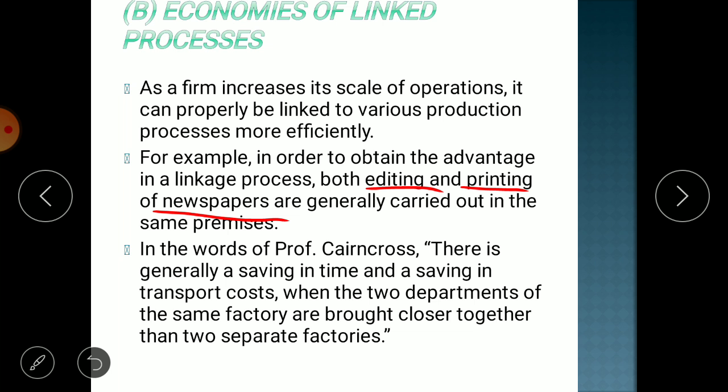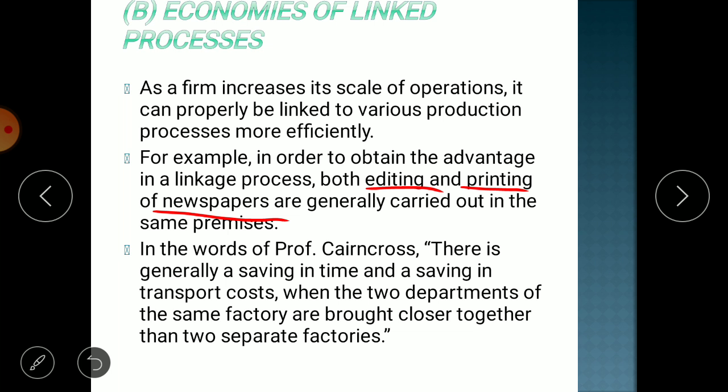In the words of Professor Ken Cross, there is generally a saving of time, as I have told you that if you have the editing department situated at somewhere else, and if you are having printing department at somewhere else, then first of all labor is needed, and secondly you need a vehicle to transfer from one department to another department.